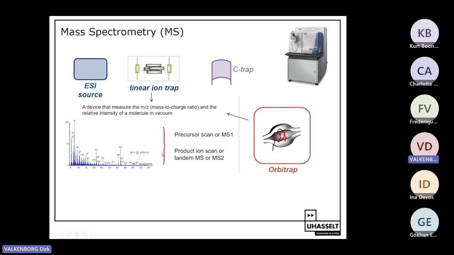And that is what happens during the product ion scan or the tandem MS or the MS2 scan. It is also a mass spectrum, but it's a different type of mass spectrum. What we will do is we will let the instrument isolate a type of molecular ions of the same m/z value, of the same mass value.